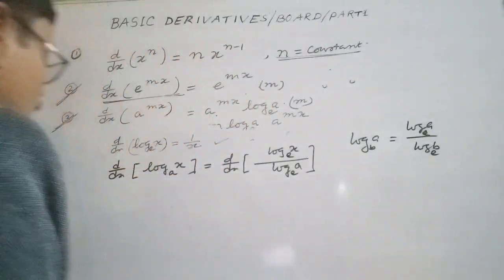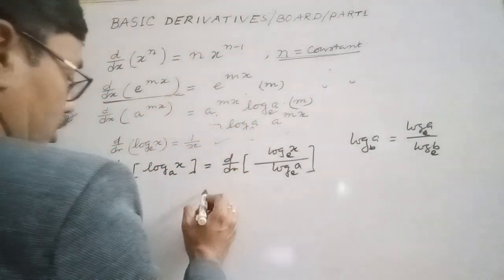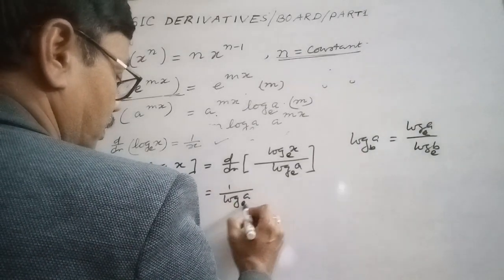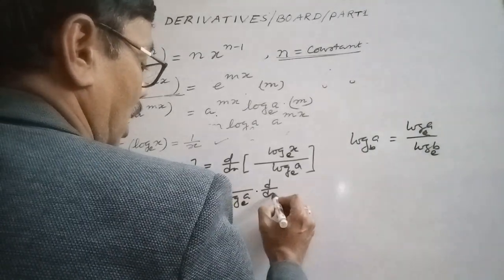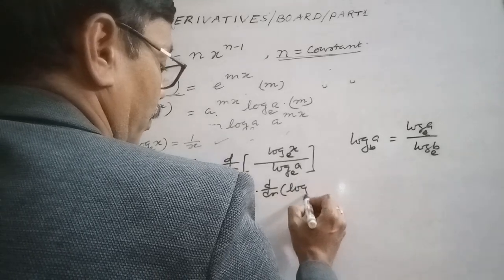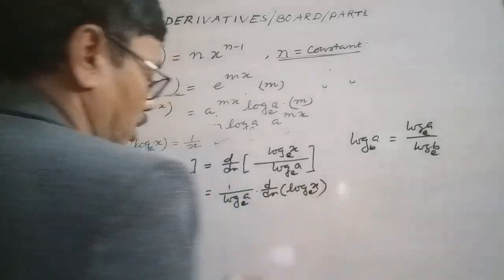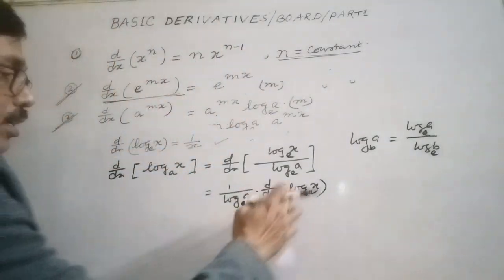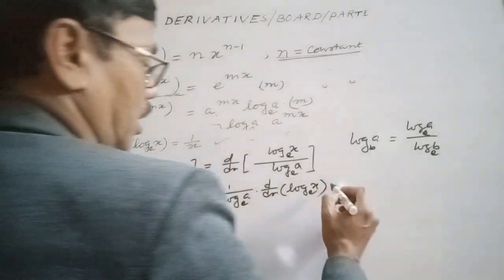Now d/dx, 1 by log a is constant, so it is outside the derivative. I will discuss it later. If it is constant, then it will be outside the derivative.